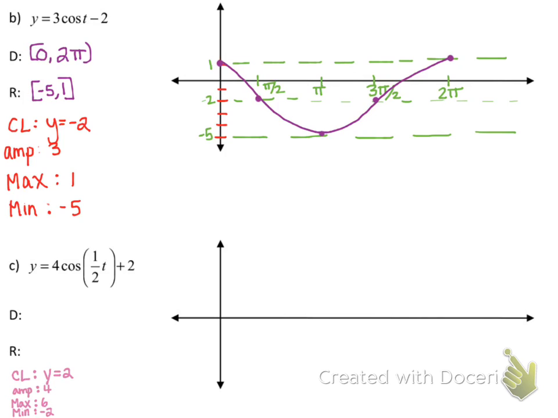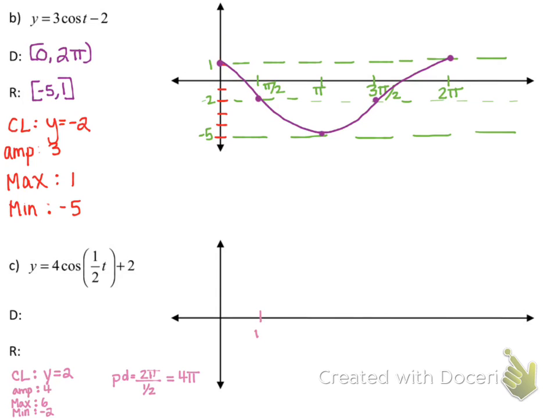Now we do have a period change on this one. So I have 1/2 in front, so it's going to be a horizontal stretch. So my period, which is 2 pi over b, is going to be 2 pi over 1/2. And since we're dividing by a fraction, it's going to be a bigger value, so my period is 4 pi.